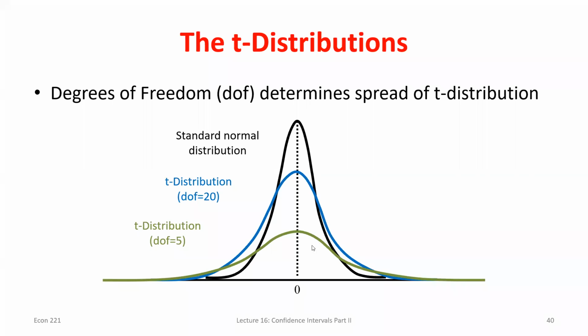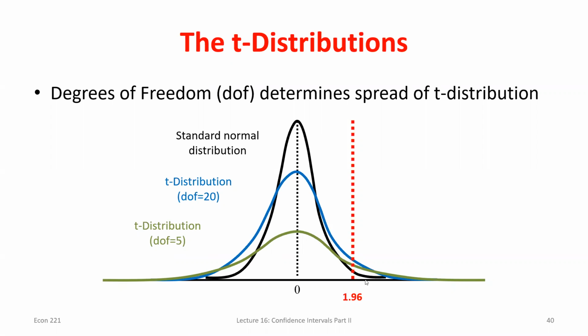Well, if I were to choose those same values, say 1.96, which for the standard normal distribution gave us an area underneath the curve to the right of 0.025. But notice, what would the area under the student t distribution curve be to the right of 1.96?